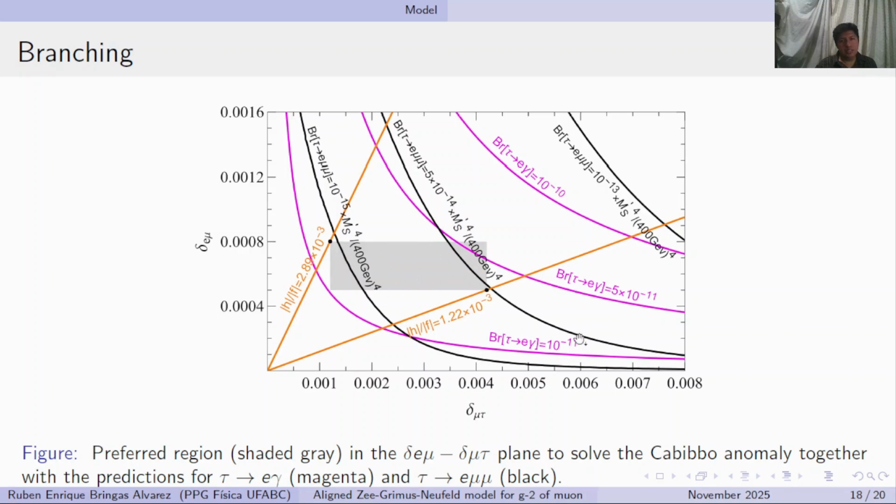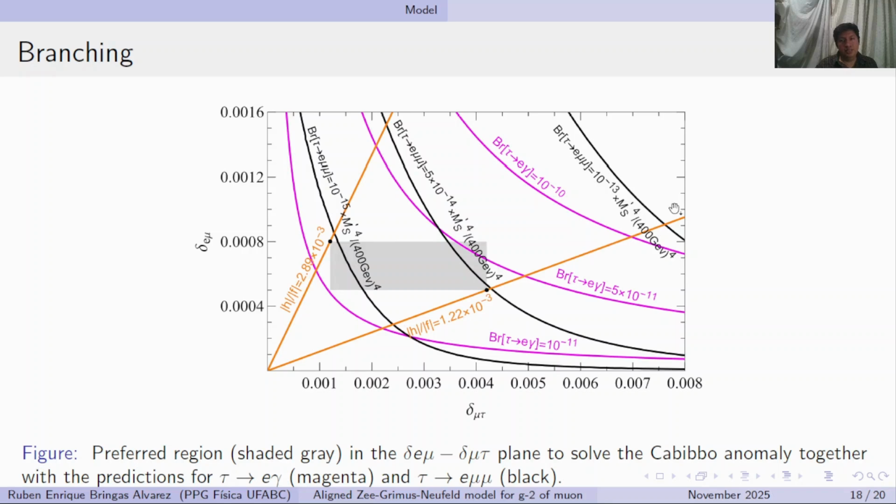If we fix, for example, this black curve, the branching ratio for tau to electron mu, we have to choose a value within this gray rectangle, and the same for the magenta branching ratio, tau to electron mu. And this orange line has a value that comes from neutrino masses, and we have to choose something in the middle of these two orange lines.